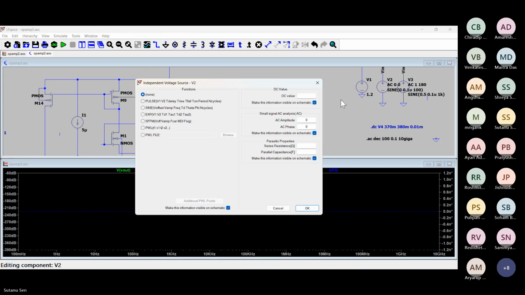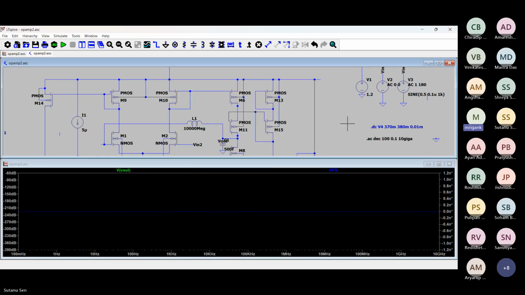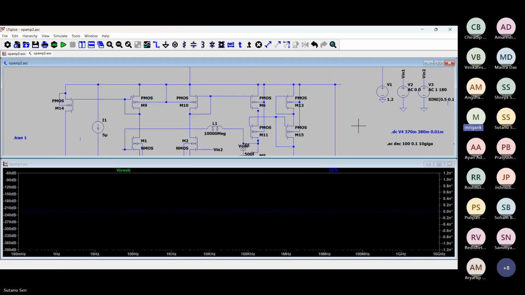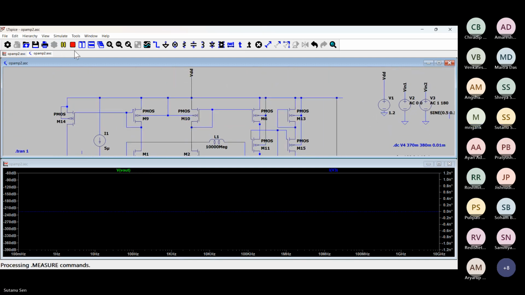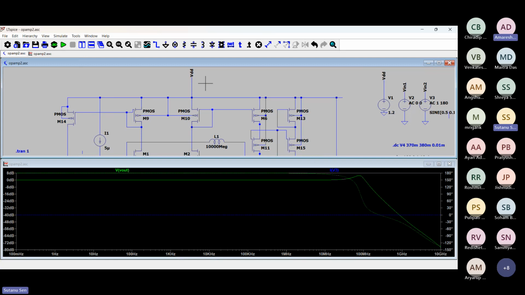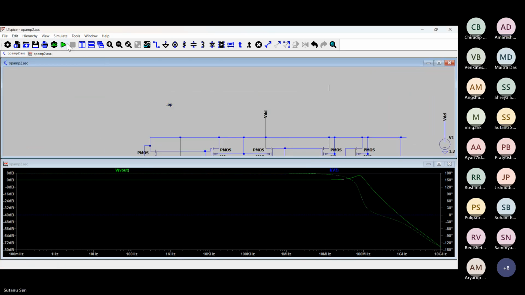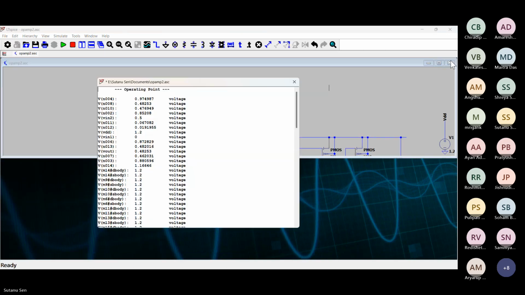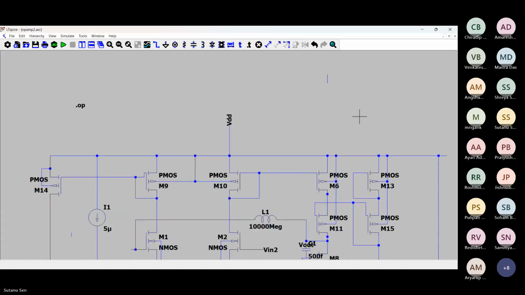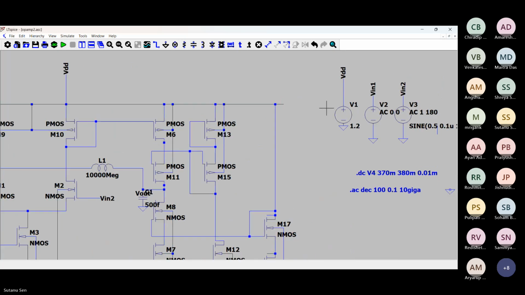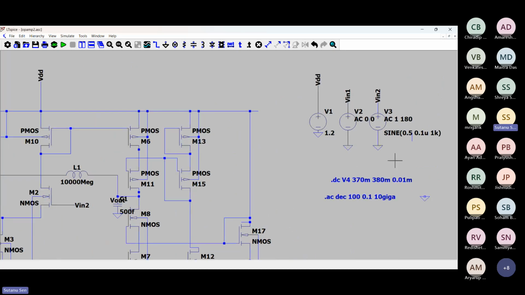From the DC point of view, just look at the DC voltages at different points. What is the DC at V in 2? Yes, sir. Just a minute. I'll simulate the DC operating point. Sir, at V2, I've put the DC voltage as 0.5 volt.